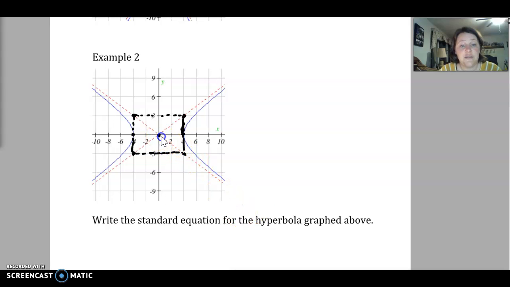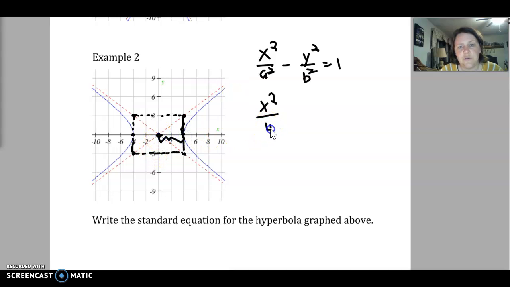Okay, center is 0, 0 again. It is horizontal, and so it's our x values that are changing between the center and the vertices. So we're going to have x squared over a squared minus y squared over b squared equals 1. So we'll have x squared over a. A in this case is this distance right here.